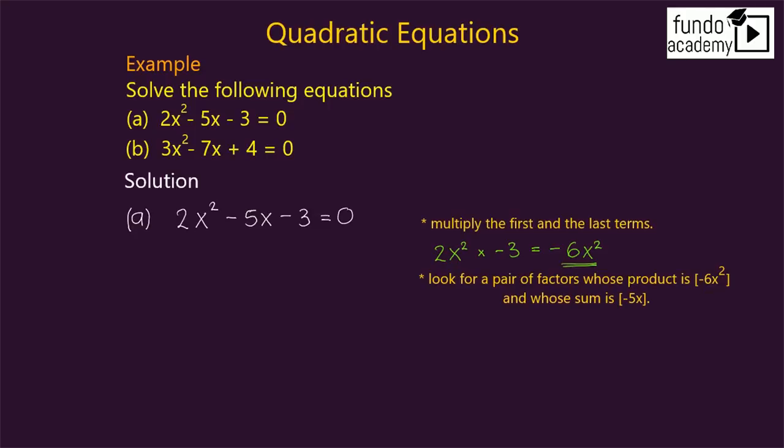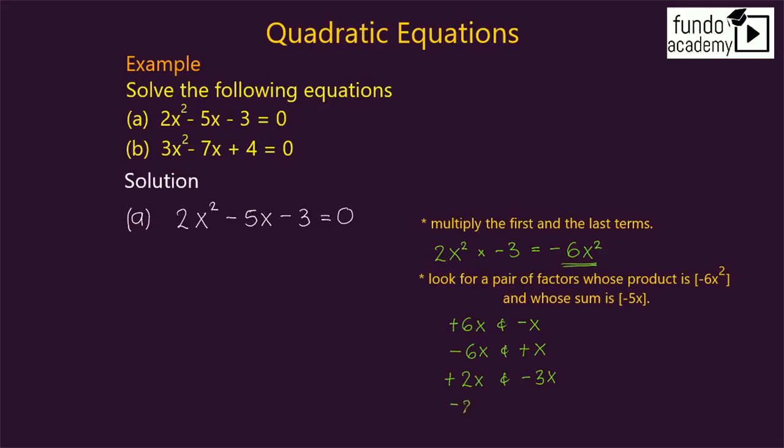Negative 6x squared has a number of factors, so we're going to be using trial and error to find the pair which will give us the middle term, which is negative 5x. So factors of negative 6x squared include positive 6x and negative x, negative 6x and positive x, 2x positive and negative 3x.